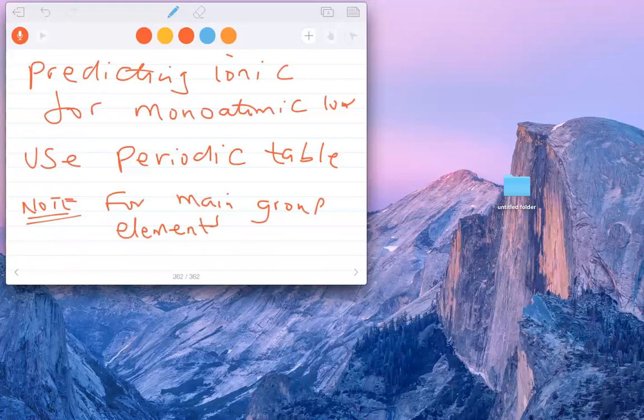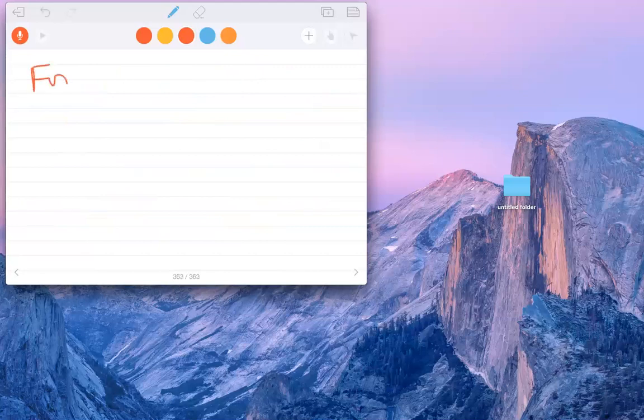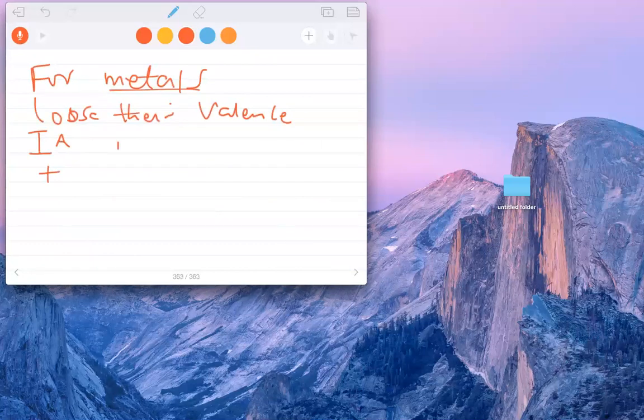These are the elements numbered with a letter and a number or Roman numeral with the letter A. For metals, they lose valence electrons, that means electrons in the outermost shell, and they form positive 1 if it is group 1A. For 2A, they form positive 2.